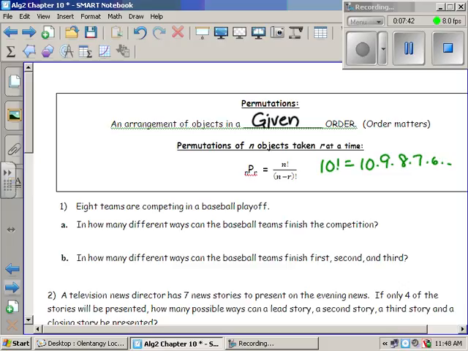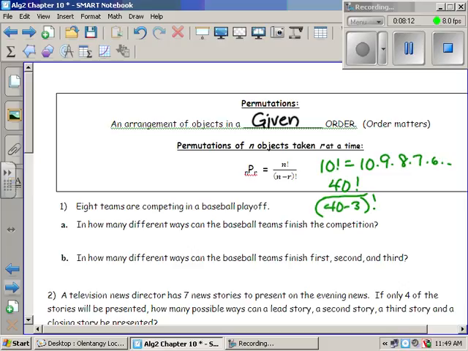So to count, like if I had 40 kids in student council and I wanted to know how many groups of vice president, president, secretary I could have, I would do 40 factorial over 40 minus, and the groups are in groups of 3, so 40 minus 3 factorial. Okay, now before calculators, the way I would have done it is 40 factorial over 40 minus 3 factorial. And it looks really awful, but it's not.